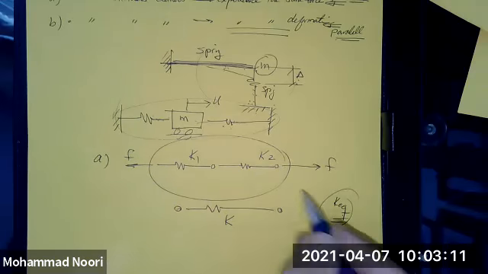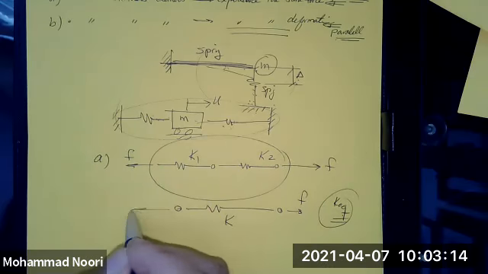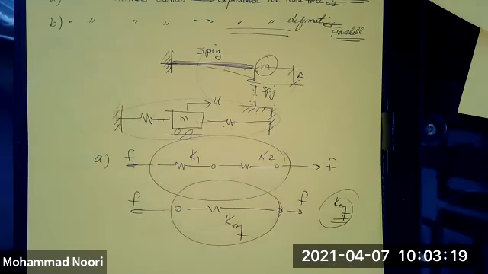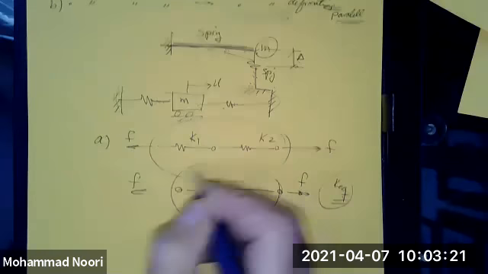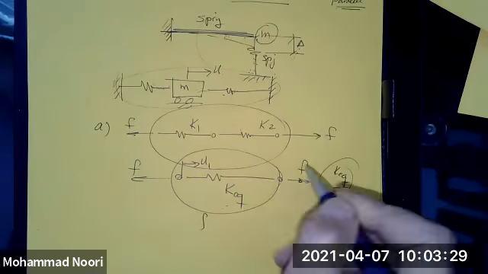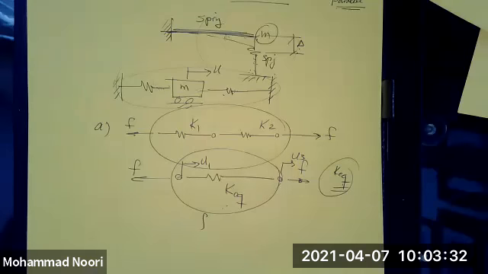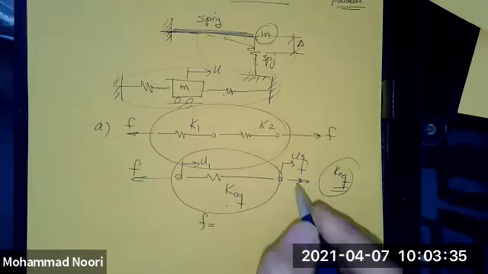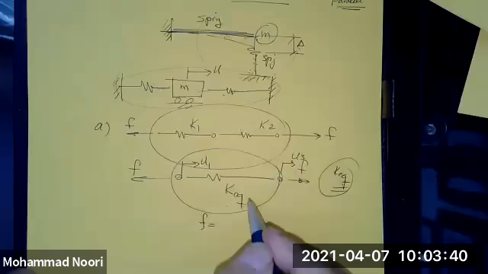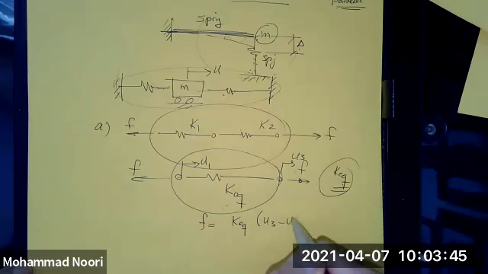If they experience the same force, the question I'm asking is, is it possible for a single spring that experiences the same force to replace those two? If you find a spring like this, and this spring is subjected to a displacement like this, what would be the relationship between the force, the stiffness, and the displacement that this spring experiences? It would be K equivalent times U3 minus U1, right?